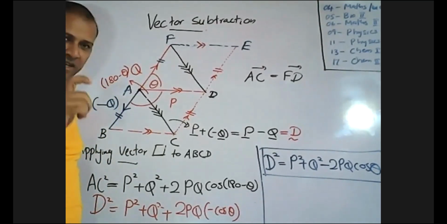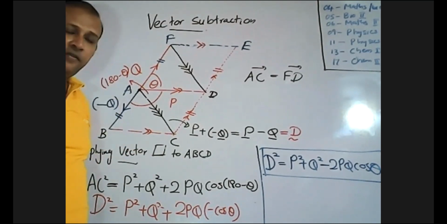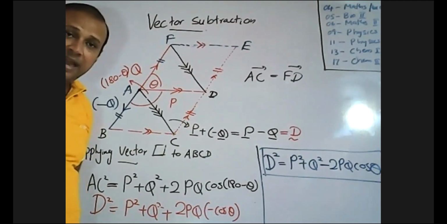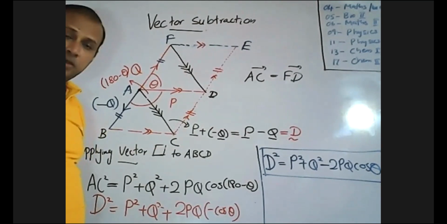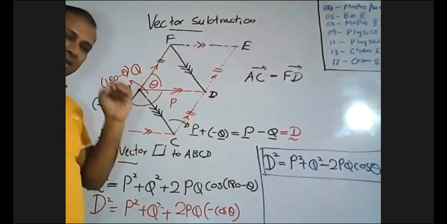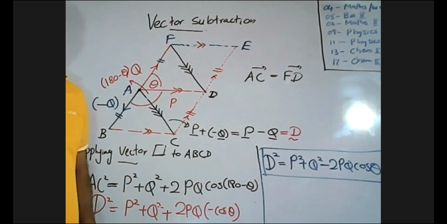If you can remember that unit, you can easily get to the answers. You have to remember the features of each and every type of parallelogram: squares, rectangles, rhombus, those are some special parallelograms.